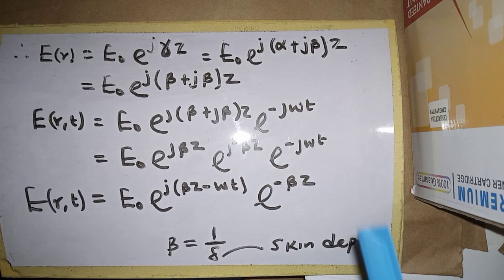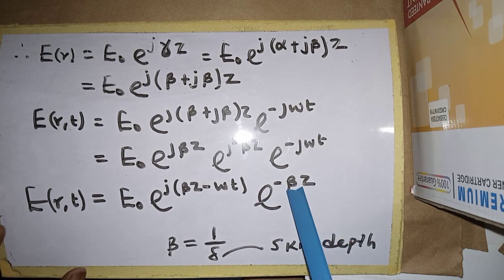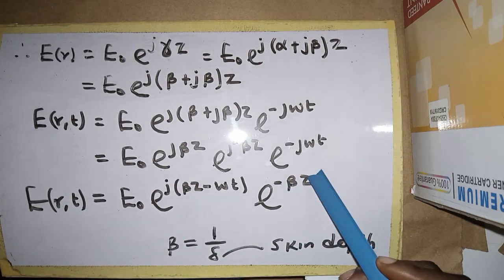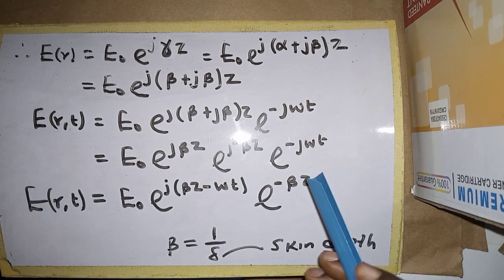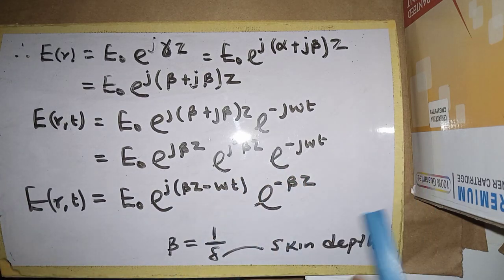So if Z has a unit of meters, that means this one must have a unit of per meter, so that per meter will cancel this, and this term here will become constant. That is, it has no unit. So that's why we say that this beta, which is equal to per meter, will be equal to 1 over delta, where this delta is called the skin depth.